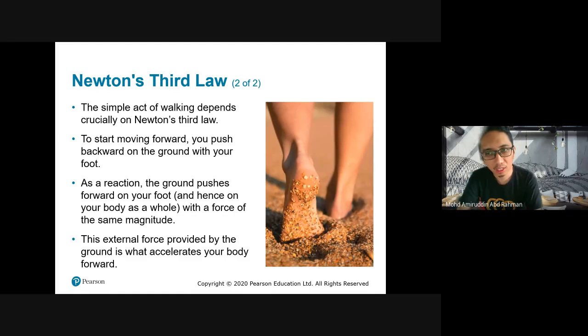Because the force that is applied from our foot is much bigger than the force that pushes our body backward. Sorry, the force that pushes our body forward.